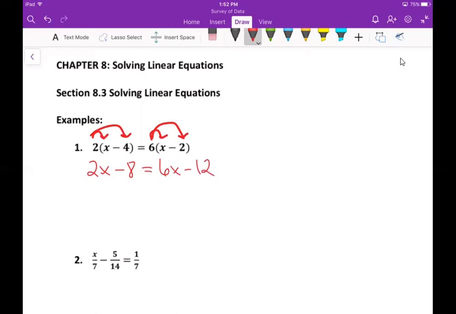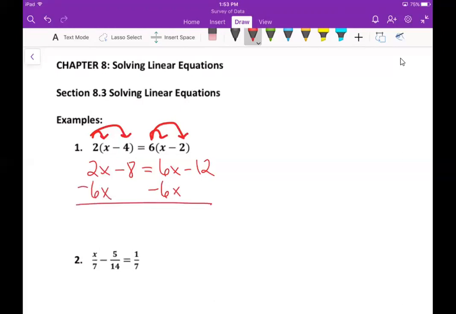All right, now once you've gotten rid of those parentheses, because the x's are now not trapped in parentheses, I can start to combine my x's on one side of the equation and my numbers on the other. So we've gotten down to a point where we're a little bit more familiar with this type of linear equation. I like to move my x's to the left, so I'm going to subtract 6x from both sides.